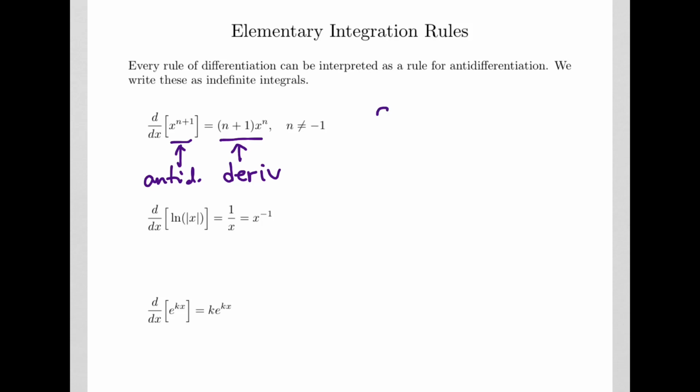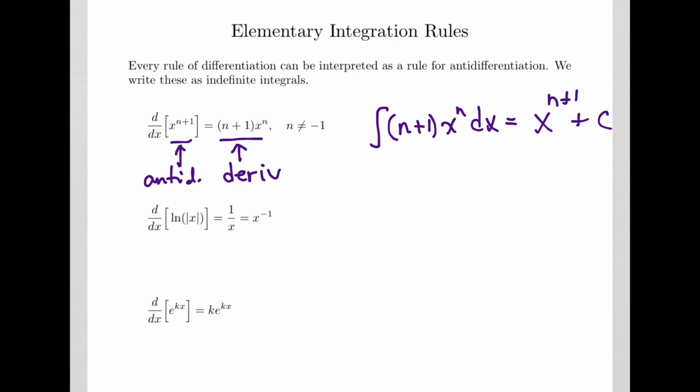So if I wrote this as an integral, the integral of n plus 1 times x to the n dx gives the antiderivative, x to the n plus 1 plus a constant.